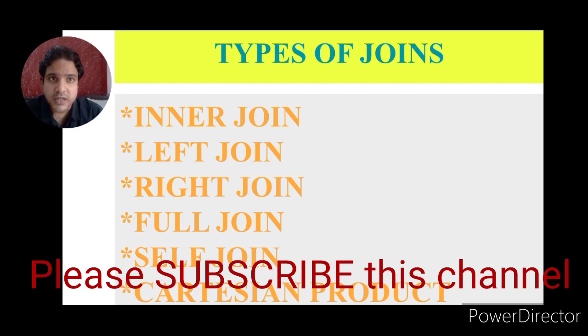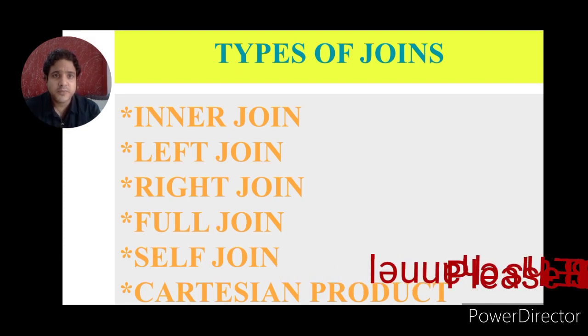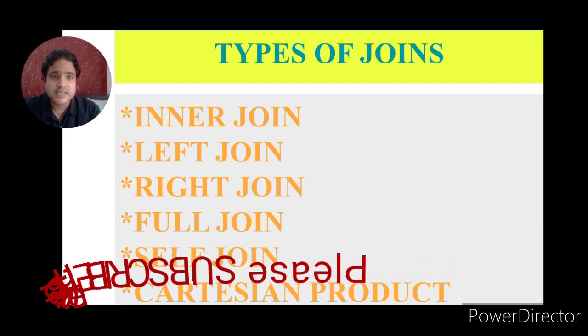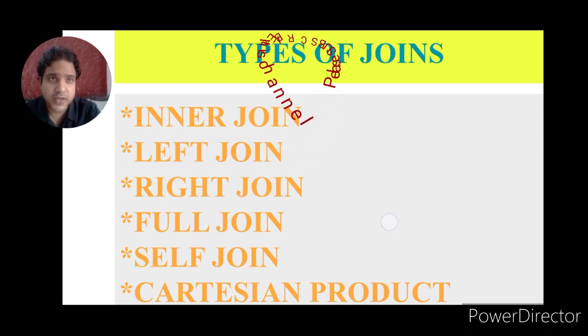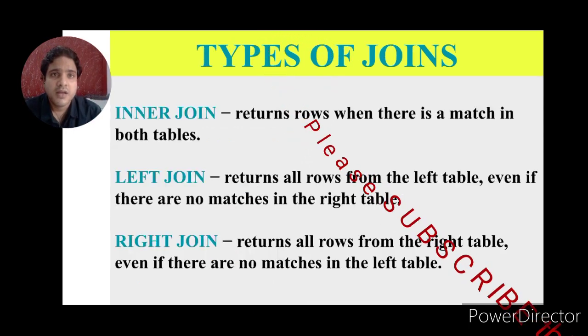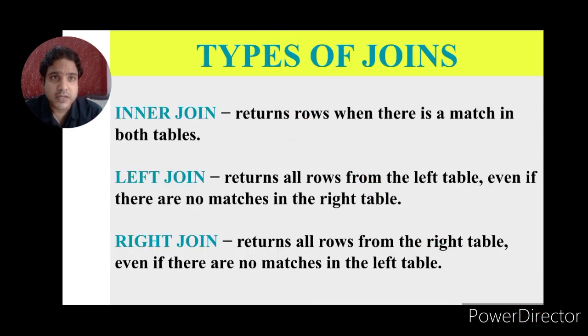Number 1, inner join. Second, left join. Third, right join. Fourth, full join. Fifth, self join. Sixth, Cartesian product. Now one by one we will define them. Inner join returns the rows from the two tables after the matching.